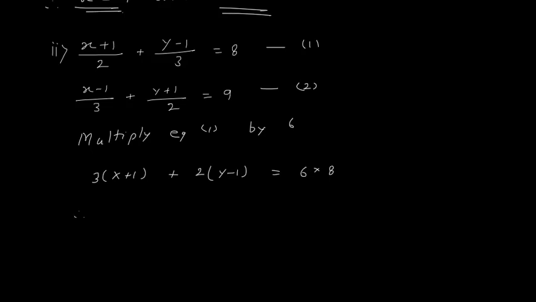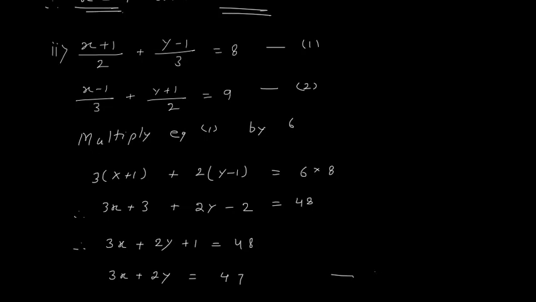So here I got 3x plus 3 plus 2y minus 2 is equal to 6 8s are 48. So therefore I have 3x plus 2y plus 1 is equal to 48. This gives me 3x plus 2y is equal to 47. So this is our equation 3.